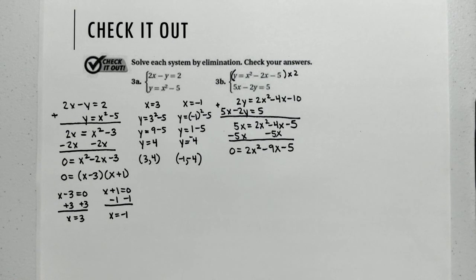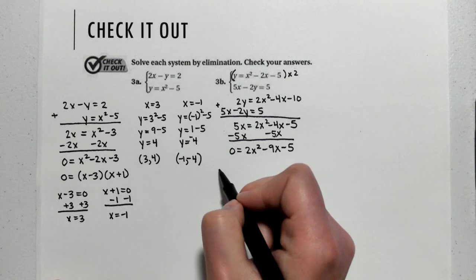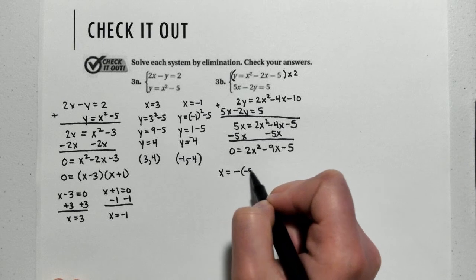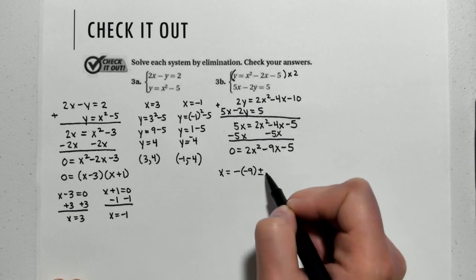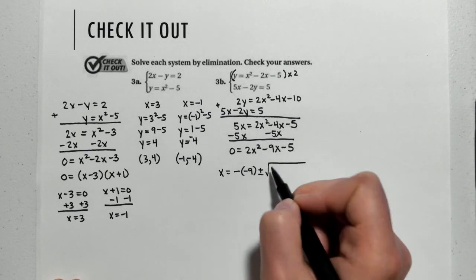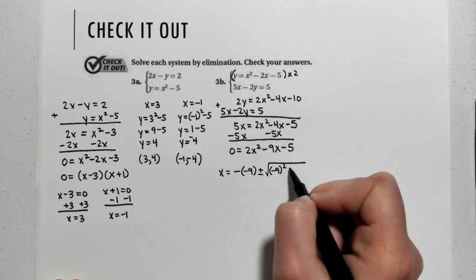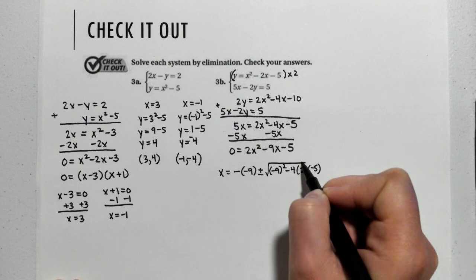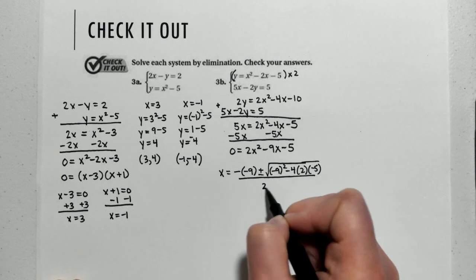Here, I really can't see an easy way to factor this right off the bat, so I'm going to go ahead and use the quadratic formula. So x equals negative b, so negative 9, plus or minus the square root of b squared, so negative 9 squared, minus 4ac, all over 2a.